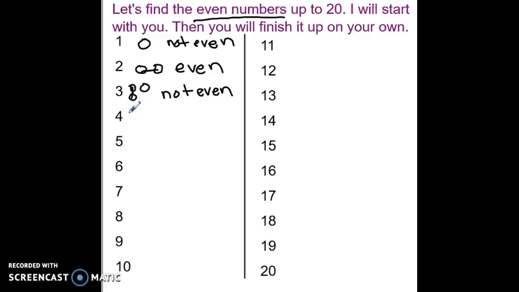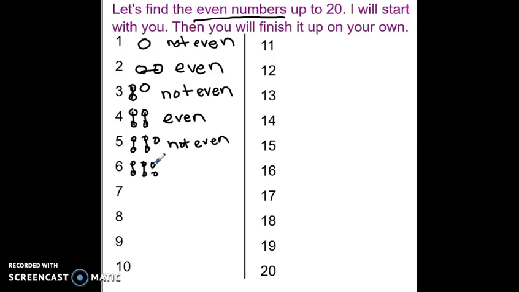Let's do 4. If I draw 4 things, I have 2 groups of 2, so everyone has a partner. 4 is even. Let's do 5. Partner them up. 5 is not even because there's 1 left out. Now move on to 6. Draw 6 things.